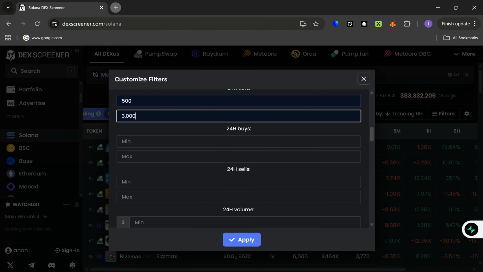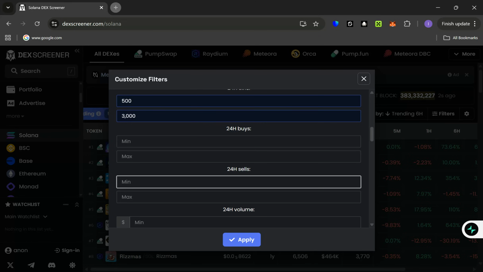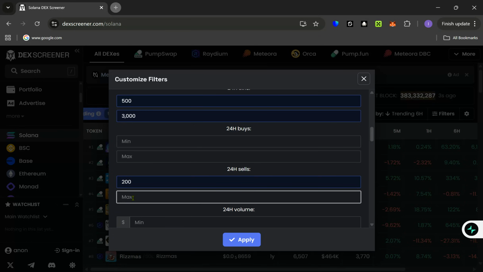For buys, maybe you can leave it empty depending on what you want. For me, I don't put a number of buys, but I consider sells, because if the sells are always higher than the buyers, then definitely the market is going to continue to go down. So since here I put 500 to 3,000, here I will put maybe the sells. The sells should be lower than this, at least, so maybe here we can put 1,005, something like that.